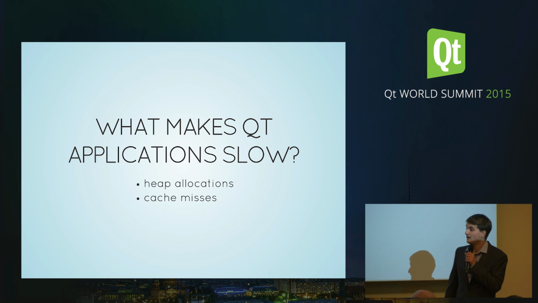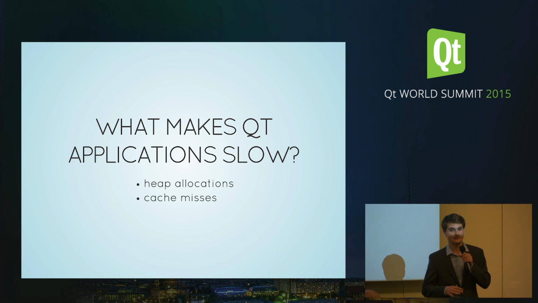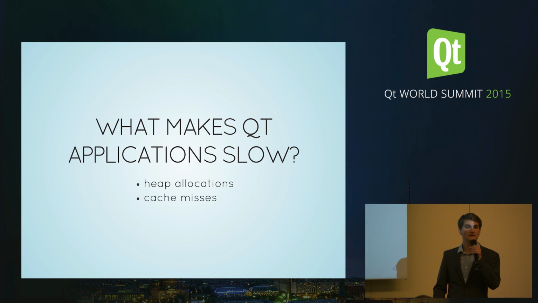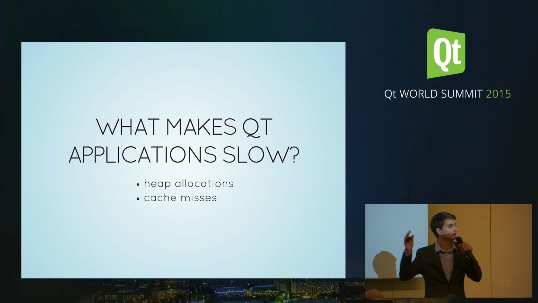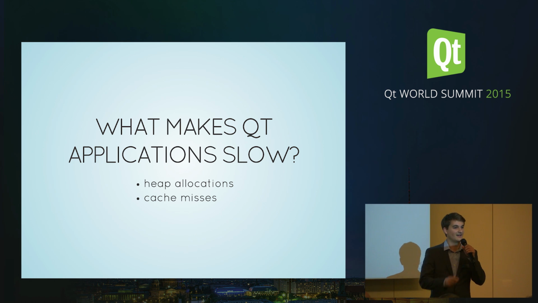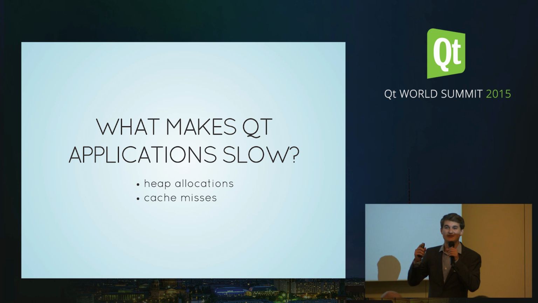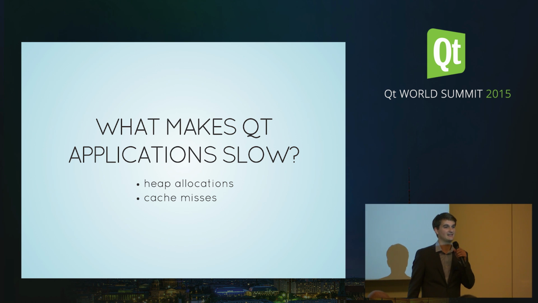Okay, so what do you think will happen when you profile Qt applications, and what will make Qt applications slower than they need to be? Anyone can guess? Like, shout anything? Yeah, I heard it already. It's malloc. It's heap allocations. That's what brings most Qt applications to their knees.